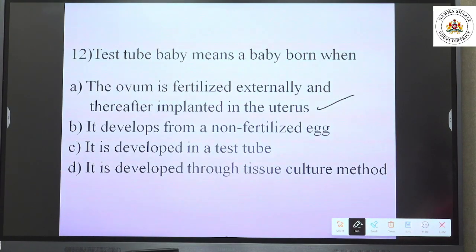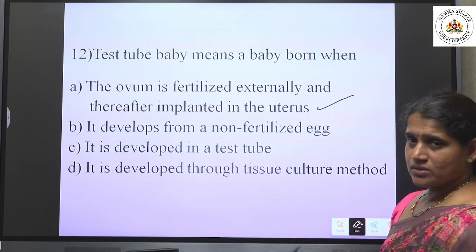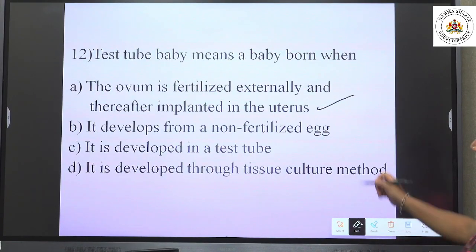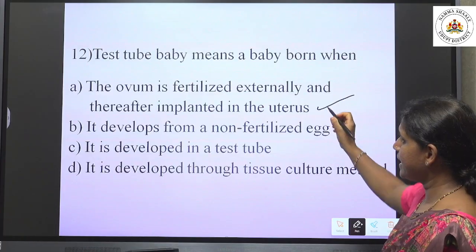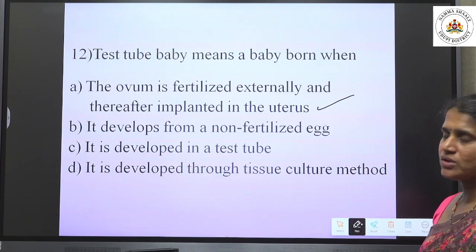So hence the fertilization takes place. After that, the fertilized egg is introduced into the uterus of the female. So hence the answer is A.